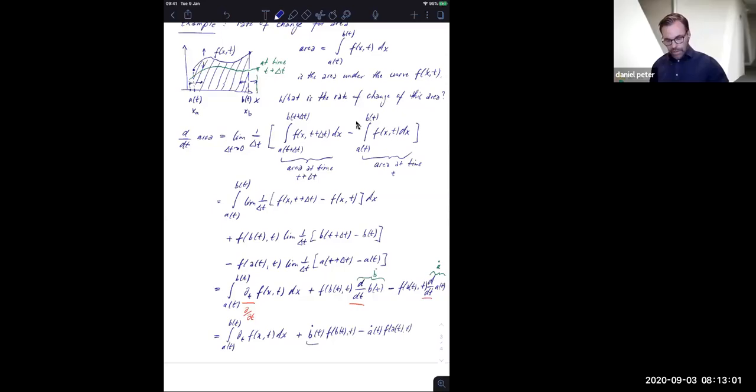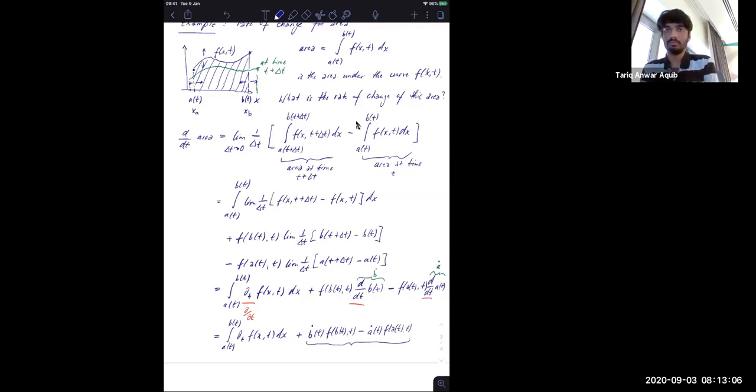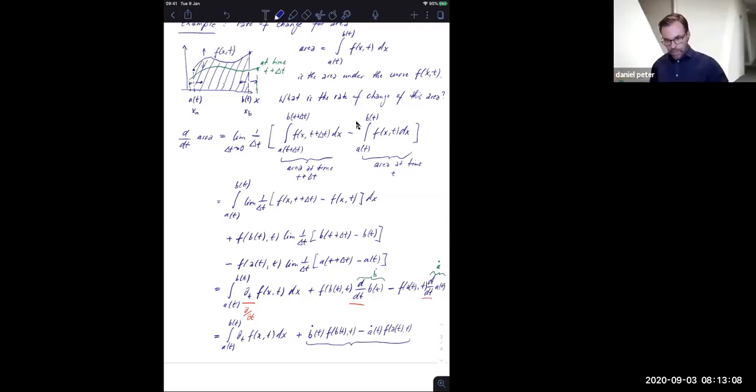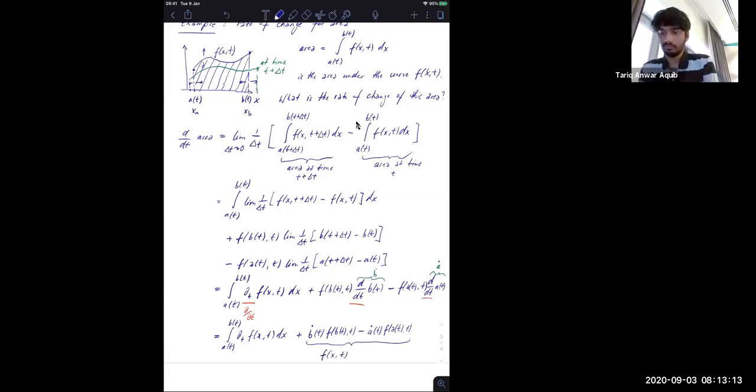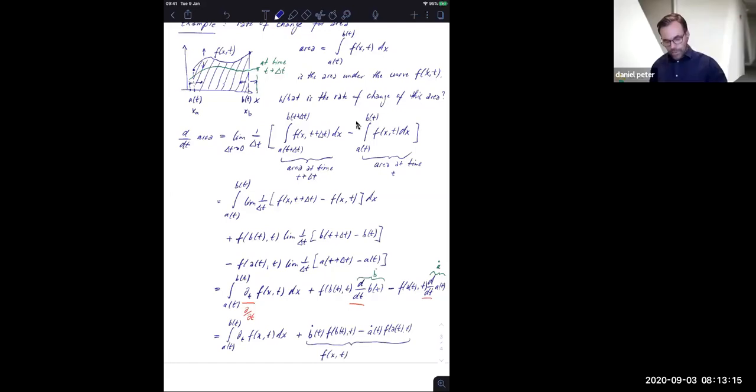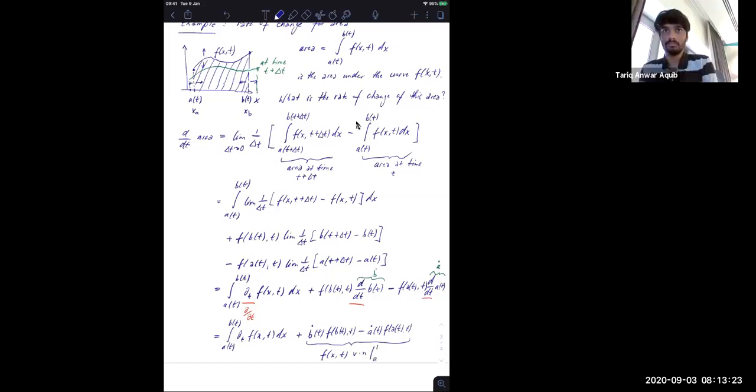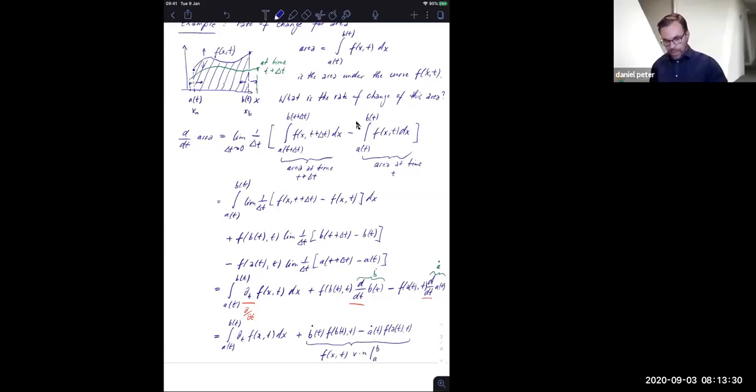Good, but this thing here, we can basically write as the flux term f of x of t times, if we would have a direction, that would be v times the normal at A and B. So it's basically the flux of the quantity that goes in and out.